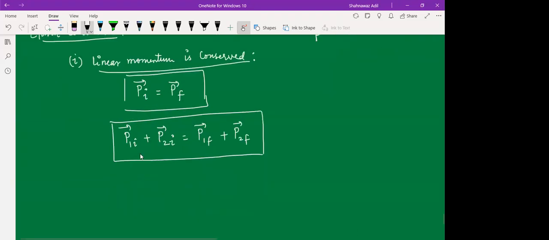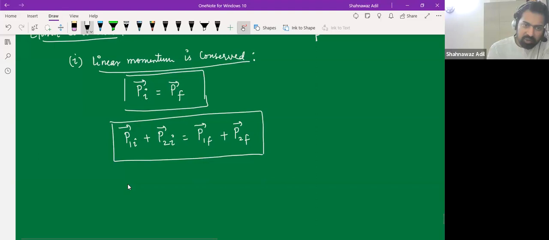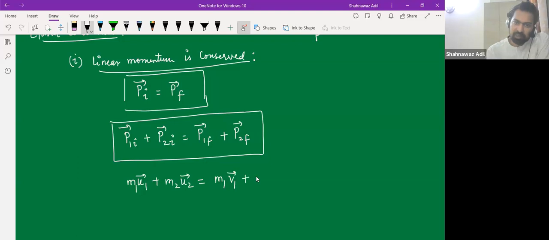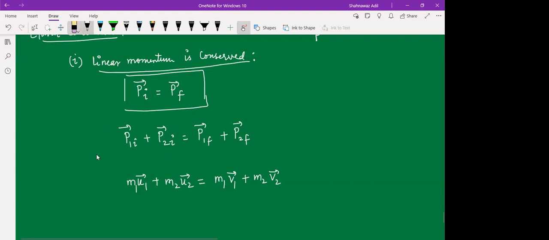So this would be M1 U1 vector plus M2 U2 vector, and this is M1 V1 vector plus M2 V2 vector. Clear?